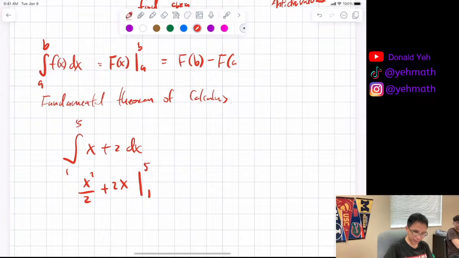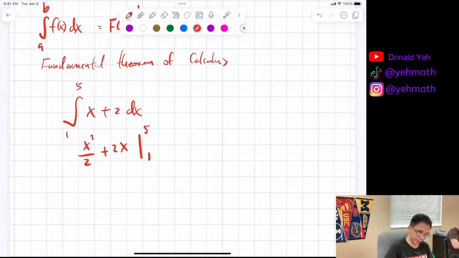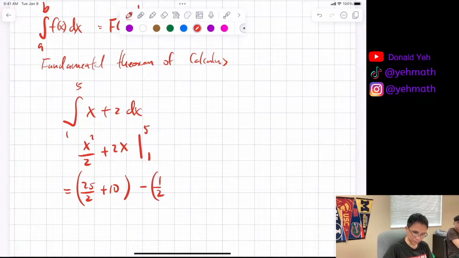And then just going to plug in 5 and 1. So that's equal to 25 over 2 plus 10, minus 1 over 2 plus 2. Does that make sense? I just plug in the 5, subtract, plug in the 1.